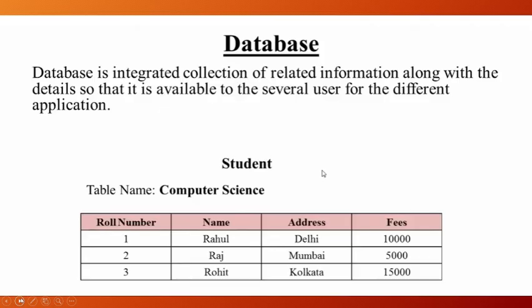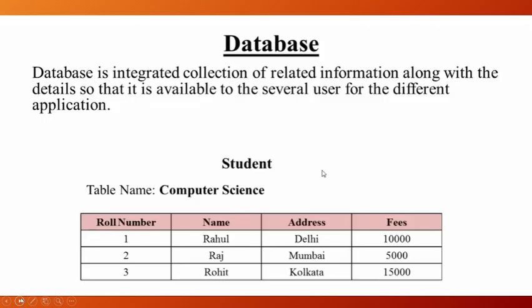And in the relational database, we have multiple tables which are related by means of a common field. So here, the database is the student database, and one of the tables that we have in the student database is computer science.